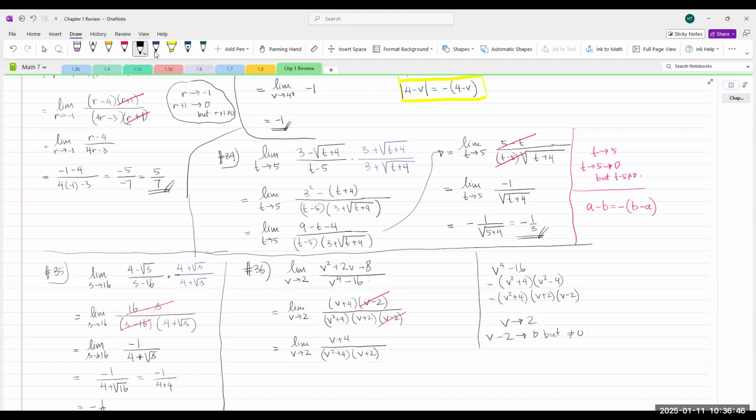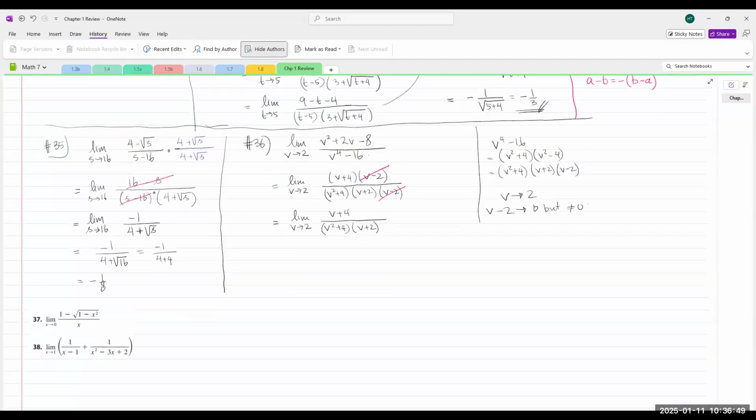Now we can plug in numbers already. So we get 2 plus 4 over 2 squared plus 4 times 2 plus 2. That is 6 over 4 plus 4 is 8, 2 plus 2 is 4. Let me cancel by 2. So that's 3 over 16. Okay, that's for number 36.